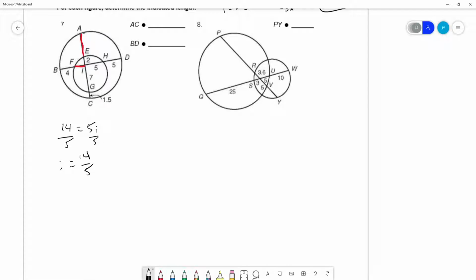Now we can go into solving for this bigger chord. We're going to look for AE.